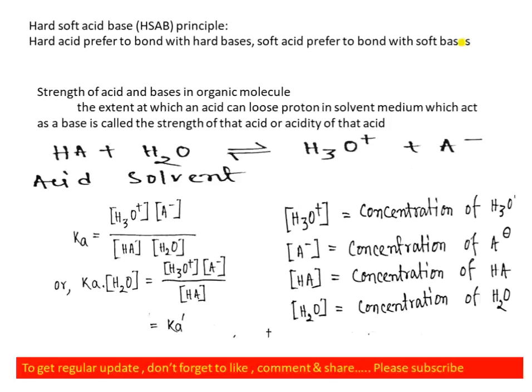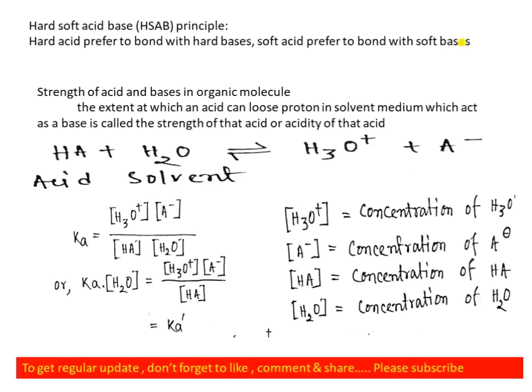Say an acid HA in solvent H2O, that is water, dissociates, forming H3O+, the hydronium cation, and A- anion. So now we can write the Ka, the dissociation constant or ionization constant of the acid HA.